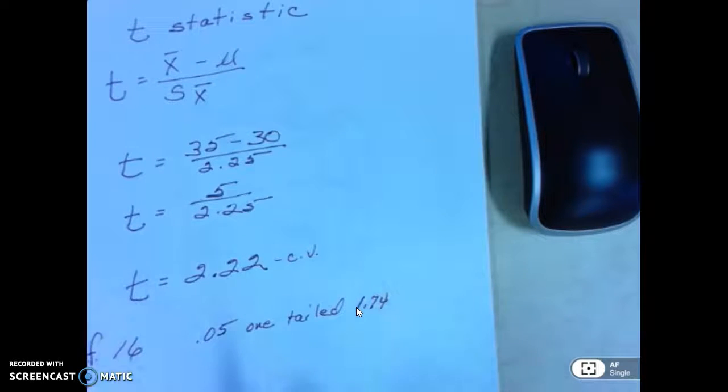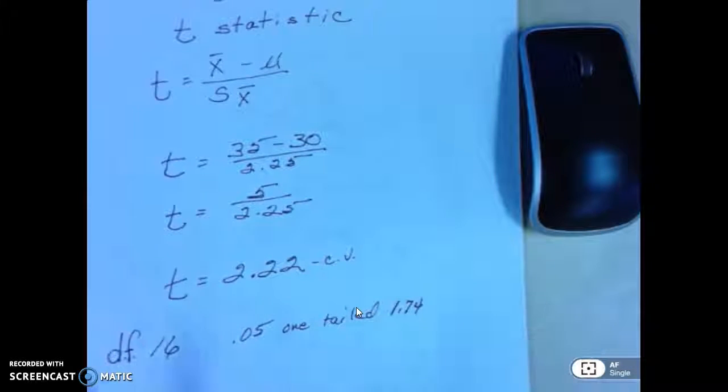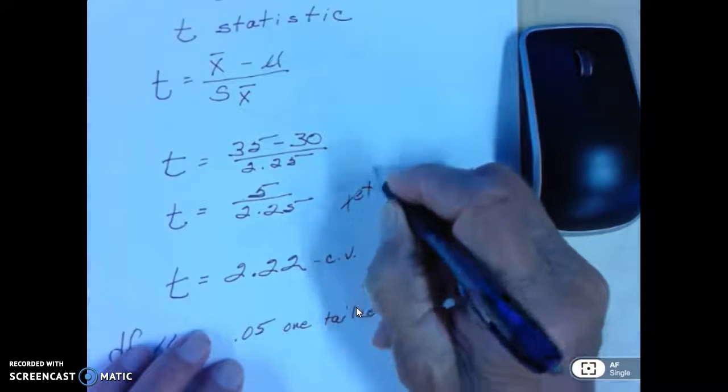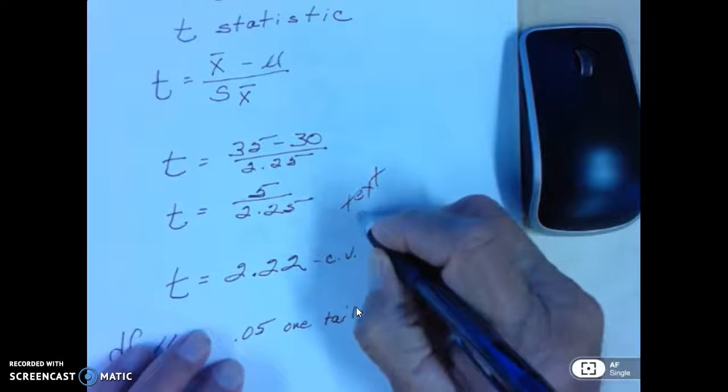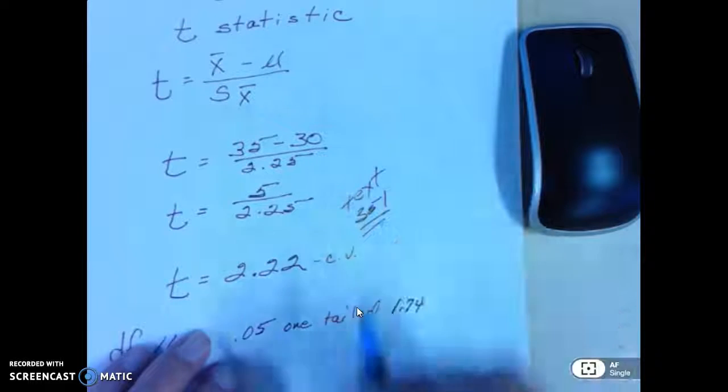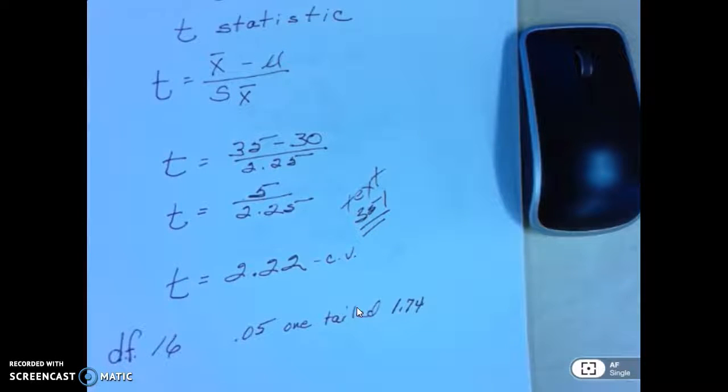We have another step to follow, because you see the degrees of freedom right here. And this is important because we go to the text, and I'm going to write the text right here, page 351. This is where it gives us the table for the t-score. Now, going down the degrees of freedom, we have 16 degrees of freedom.